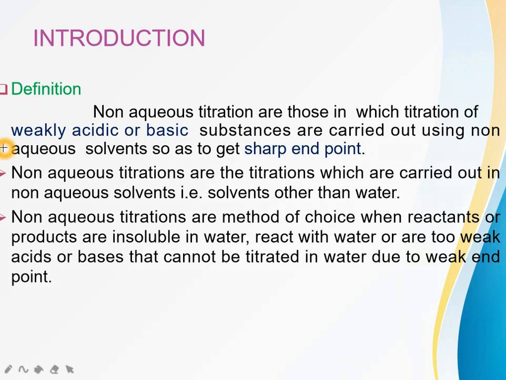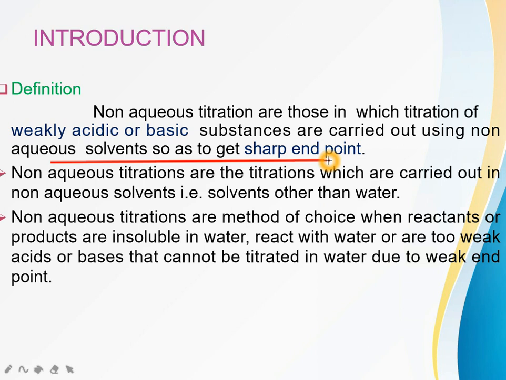So the definition of non-aqueous titration is those titrations in which weakly acidic or basic substances are carried out using non-aqueous solvents so as to get a sharp endpoint. So in non-aqueous titrations, the compounds that are weakly acidic or basic mainly undergo the non-aqueous titration, and the main aim of selecting this method is to get a sharp endpoint.